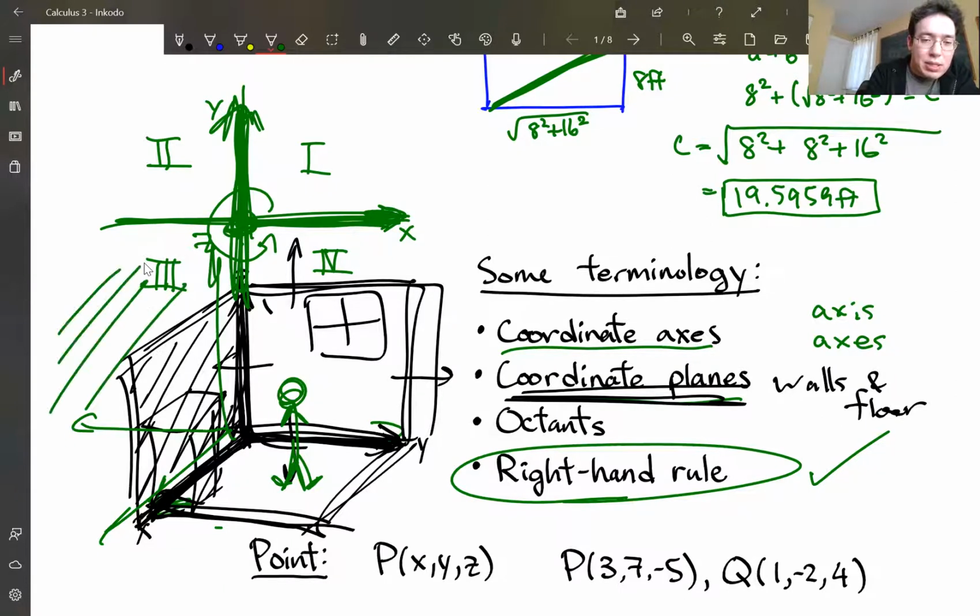So it's this portion over here, the octant that's through this left wall. The first octant is obvious to choose. The rest are not named. Okay, let's move on.